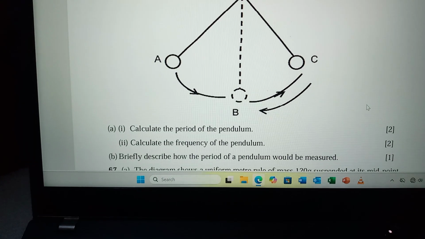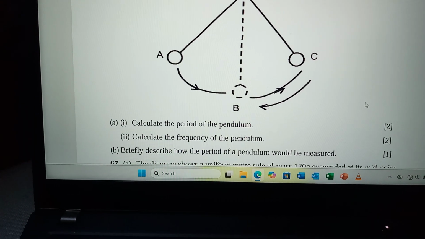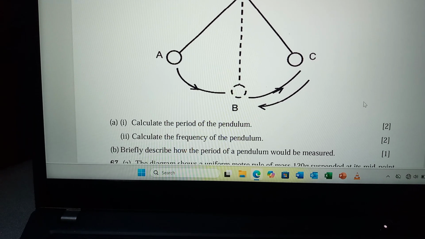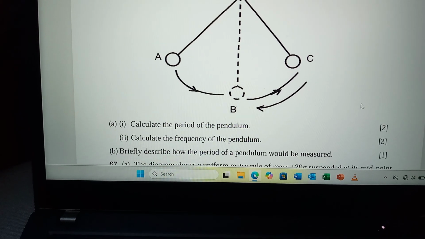So they are saying B, briefly describe how the period of the pendulum would be measured.